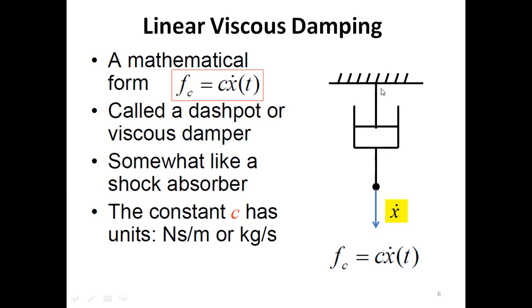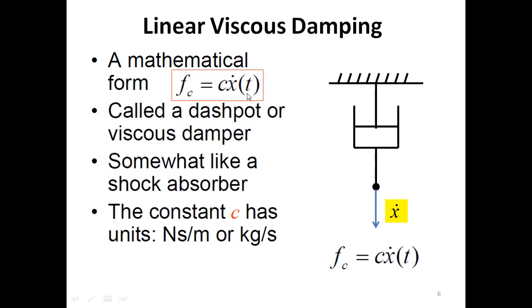In this case, one end of the damper is fixed, whereas the other is free and it is actually moving with some velocity. And as we discussed, in case of viscous or fluid or air damping, the damping force is directly proportional to the velocity. So Fc is equal to C x dot of t.